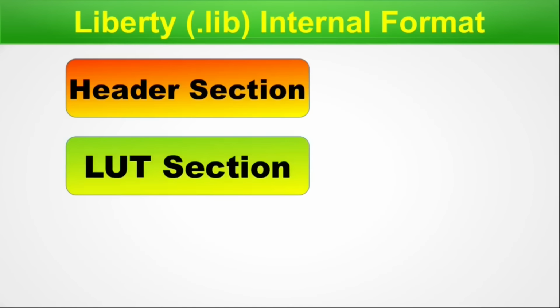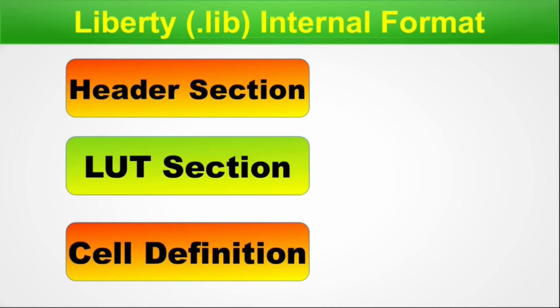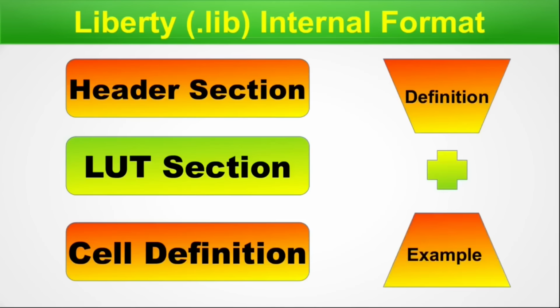There will be a header section, the LUT, that is the lookup table section, and third, the cell definition. These are the major sections inside the .lib file. In this presentation, I will go through the definition plus example of all of these sections in upcoming slides. So we are done with this particular slide.